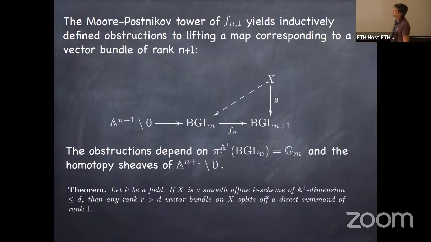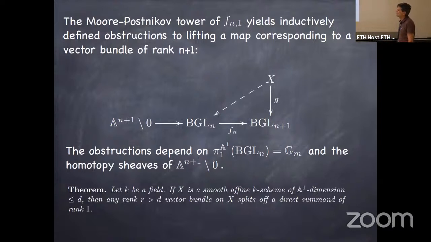As Aravind said, we have lots of obstructions in general. If X is of large dimension, then you will have lots of obstructions. But if we start with a smooth affine variety of small dimension, and here I mean the A1 dimension, then it's easy to believe that if X is of very small dimension, there is no non-trivial map to a sphere of higher dimension.